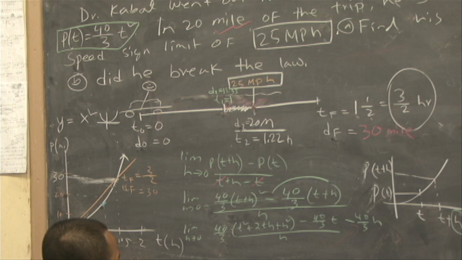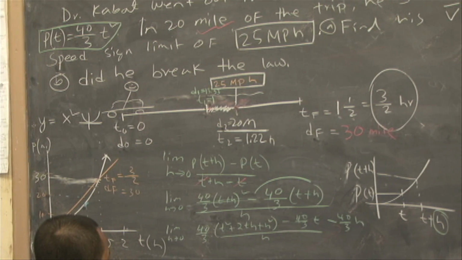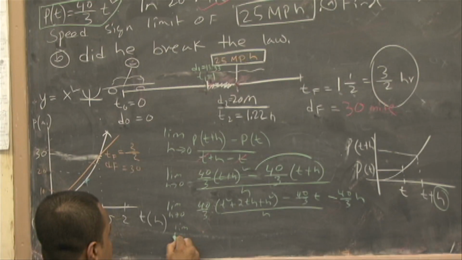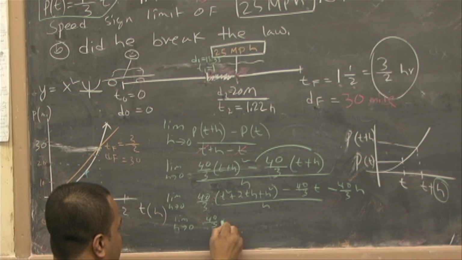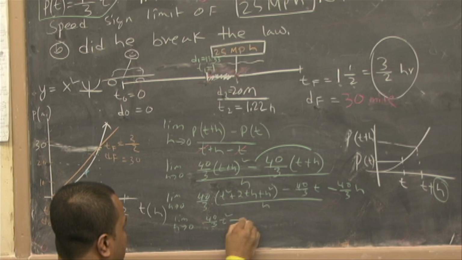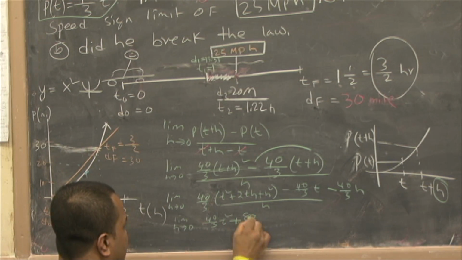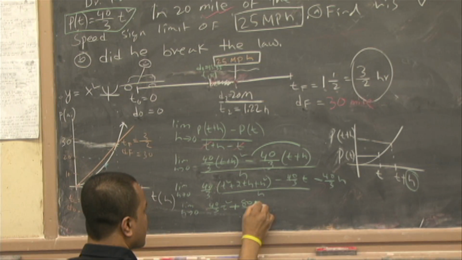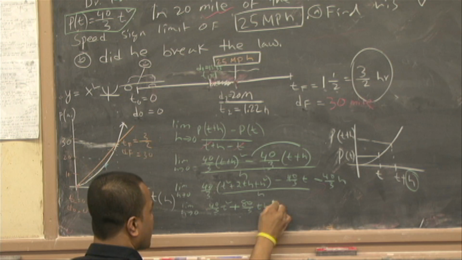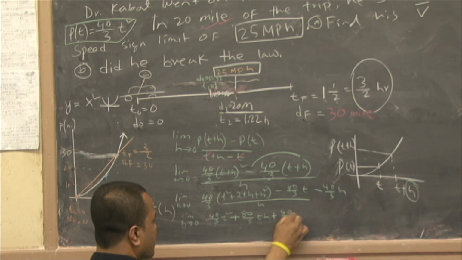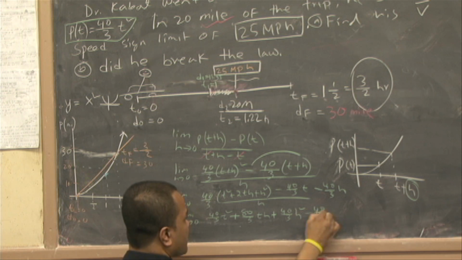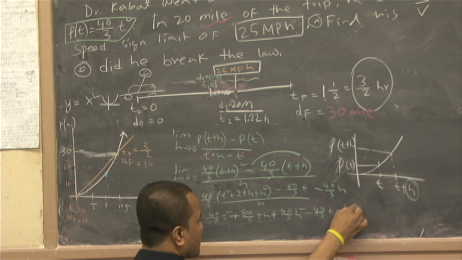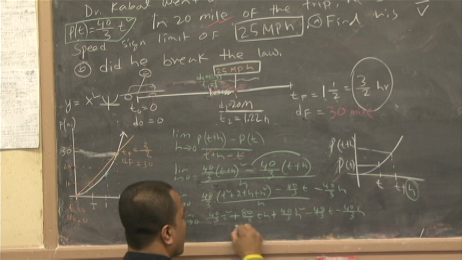So now you distribute this: the limit as h goes to 0 of 40 over 3 t squared plus 80 over 3 th plus 40 over 3 h squared, minus 40 over 3 t, minus 40 over 3 h, all over h.